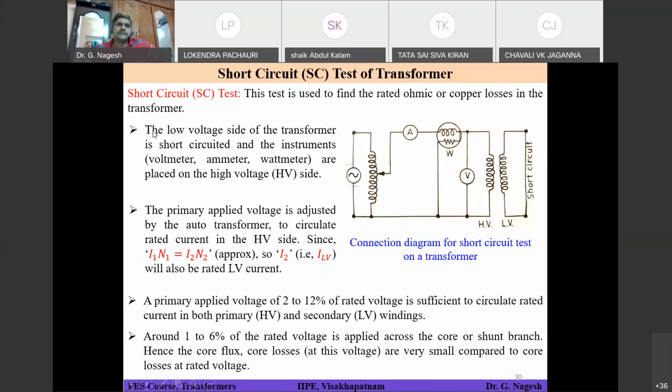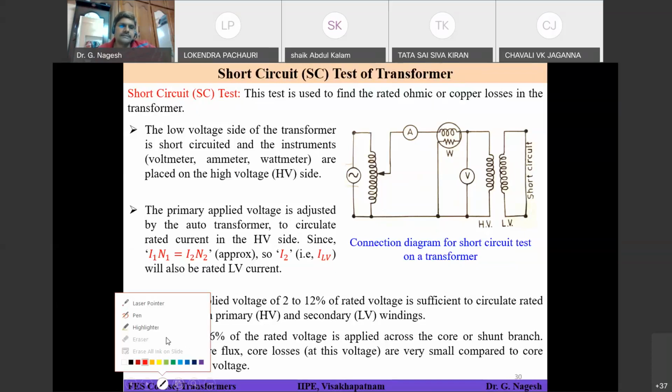Okay. So the LV side of the transformer is short circuited. That's the low voltage side, and the instruments, that is voltmeter, ammeter and wattmeter, are placed on the high voltage side. So you are placing the instruments on the HV side, and the low voltage winding is short circuited. The primary applied voltage is adjusted by the auto transformer to circulate rated current in the HV side.